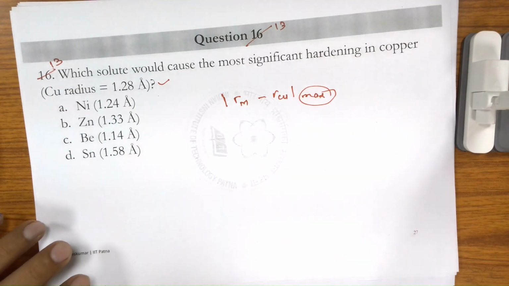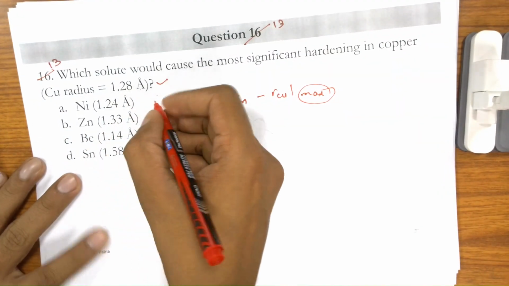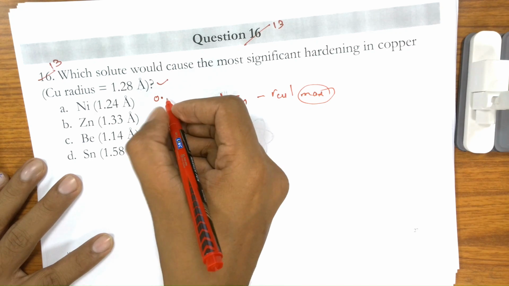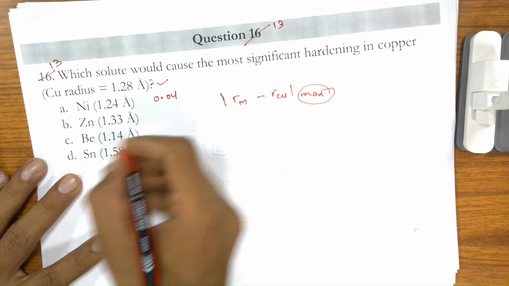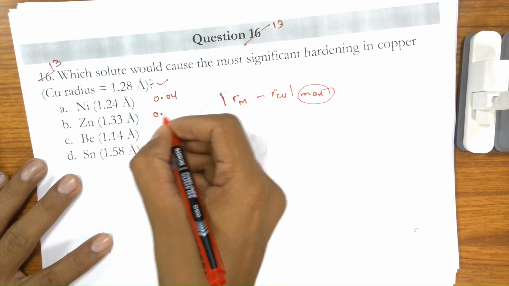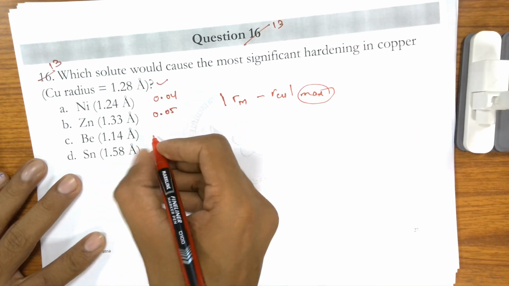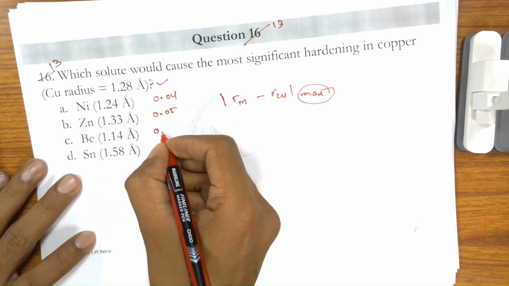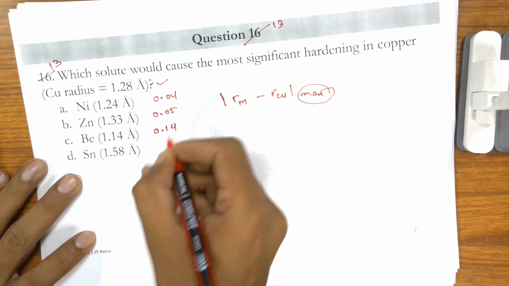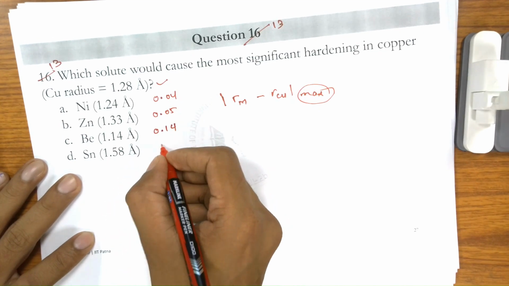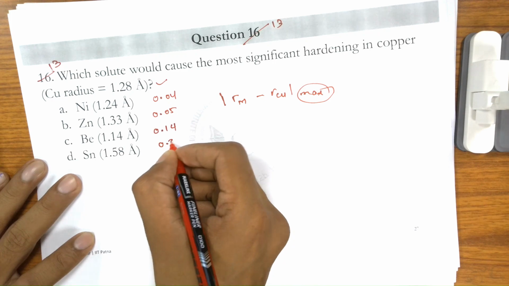Okay, and here let's find the difference. It's 0.04. Here it will be 0.05. Here 0.14. Here it will be 0.30.